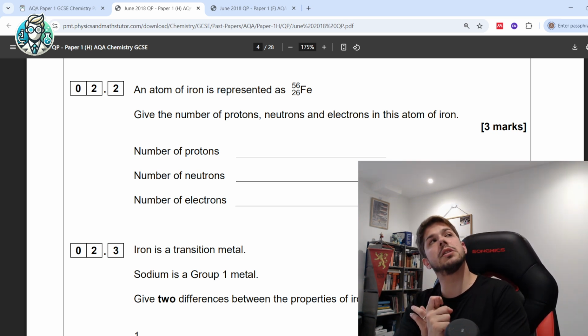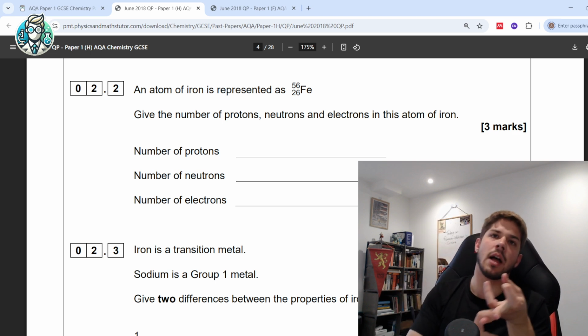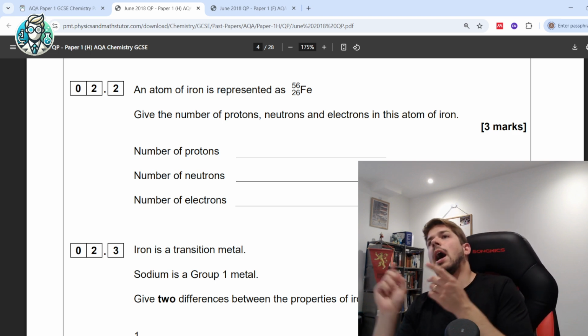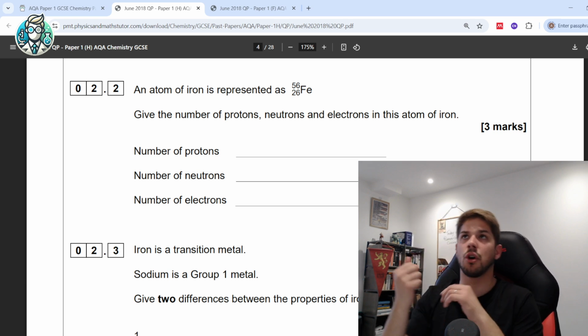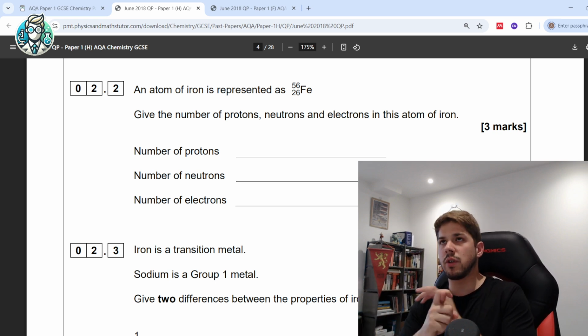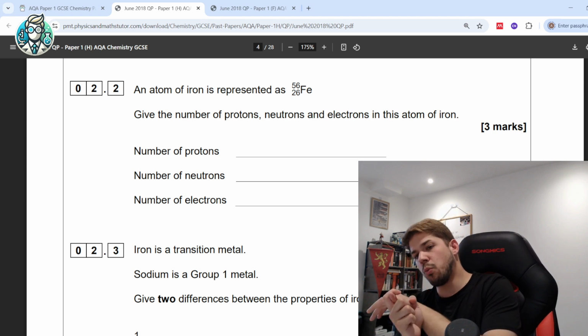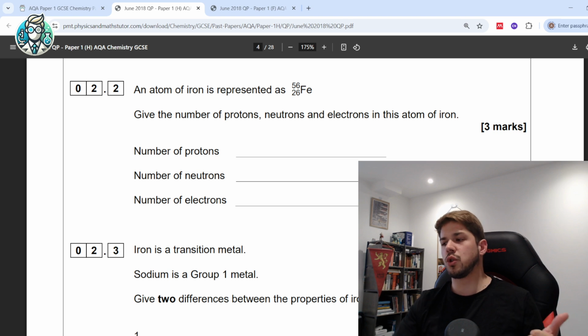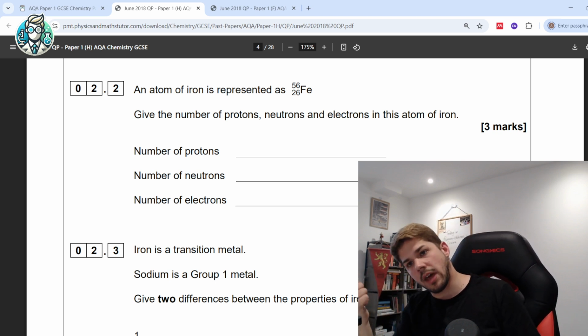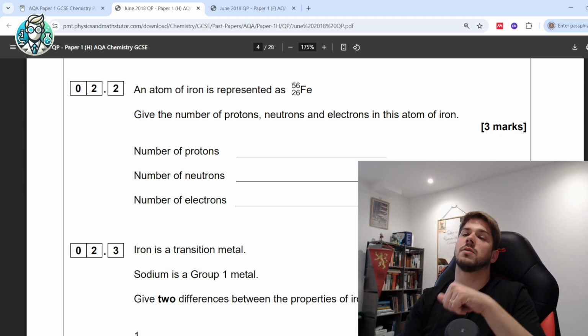Iron is less reactive than sodium. Iron cannot be cut with a knife, but sodium can. Iron reacts very slowly with water, but sodium reacts very quickly with water. Iron reacts very slowly with air, but sodium reacts very quickly with air.